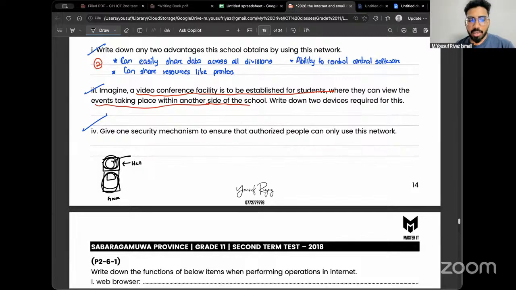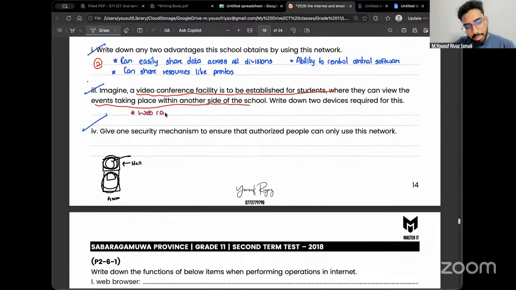To capture what is happening, what's the device we need? Correct. To capture stuff, we need a webcam. So a webcam is one of the most important devices here.